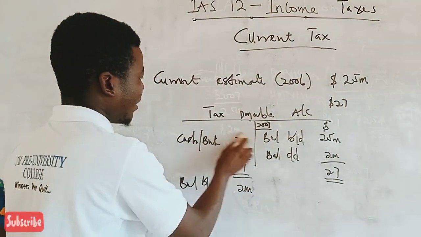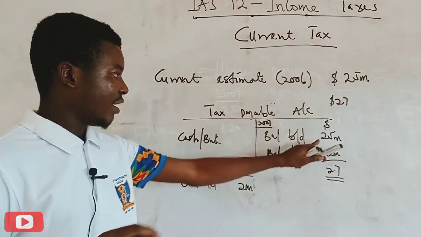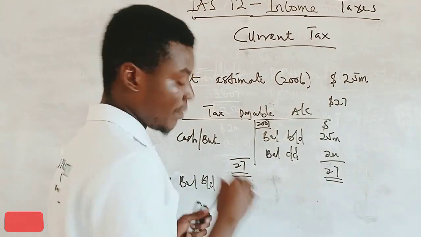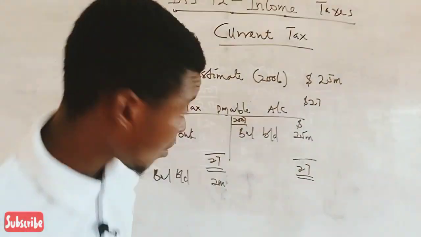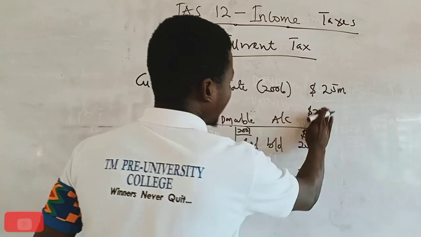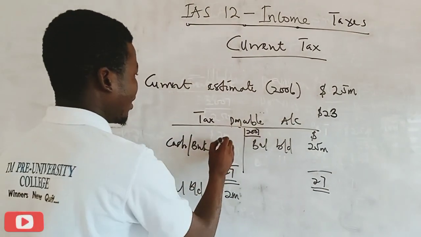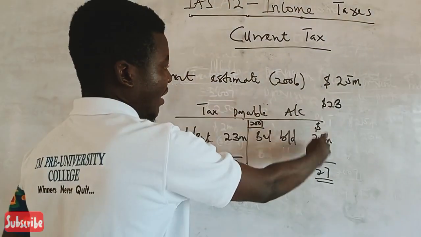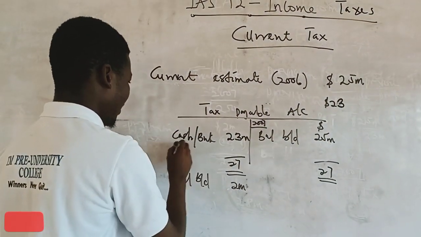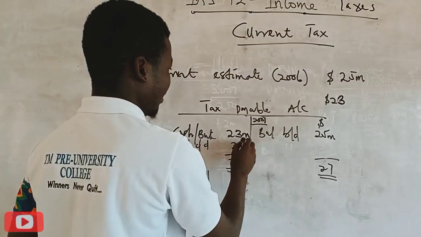So the actual tax estimate for last year is 25 million. But the tax given by the tax authority is 23 million. So we are going to pay 23 million. The credit side is more than the debit side, so the balance will be here, which is 2 million.